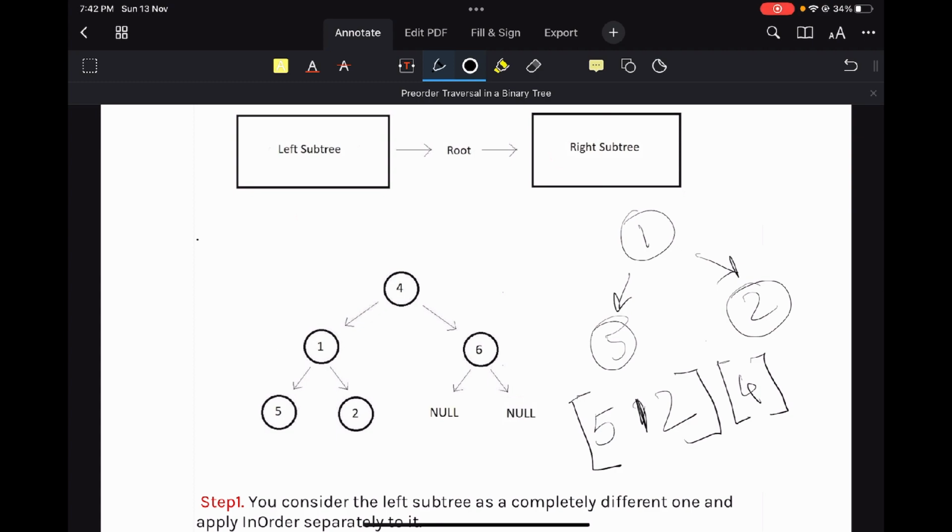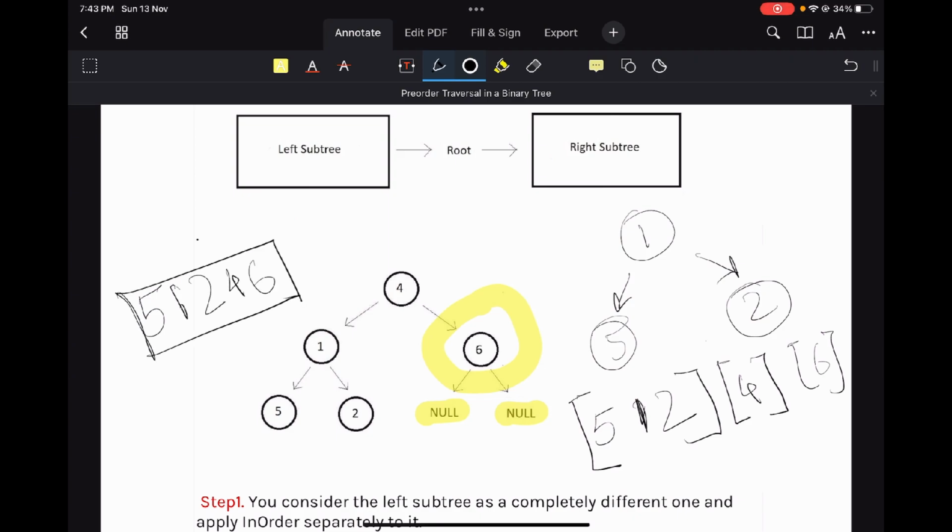Now in the right subtree, as we can see, there are two null values, and before that what we are getting is 6, so we will be writing down 6. So writing it down in summary, our final value is 5 1 2 4 6.